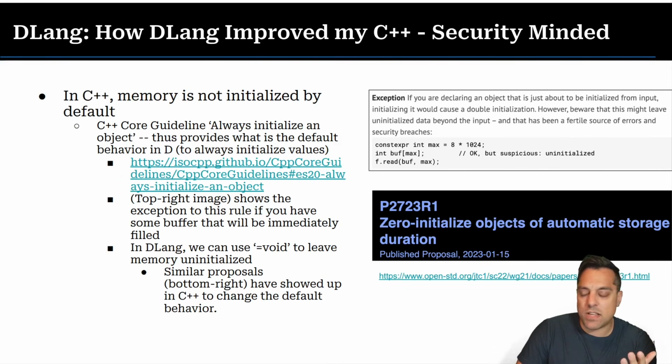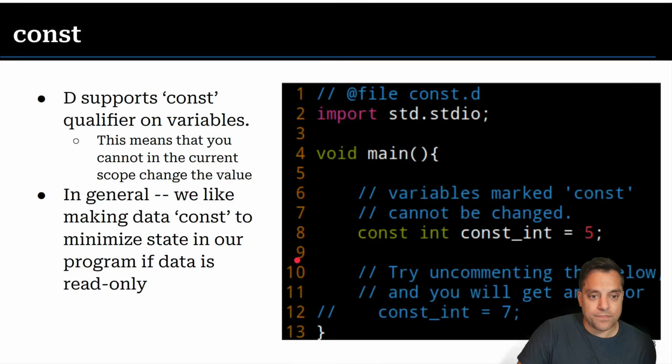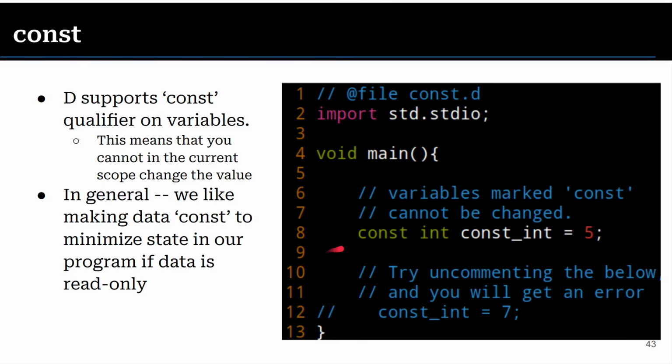And in C++ and other languages like C, you can harden basically the standard libraries or the compilers to check for these things. But again, this just prevents garbage from getting in your code. Now, again, in D, you can assign things to equal void. So if you have some large buffer of data that you don't want to pay the cost of initializing everything to zeros, you can do that. But, no problem there.